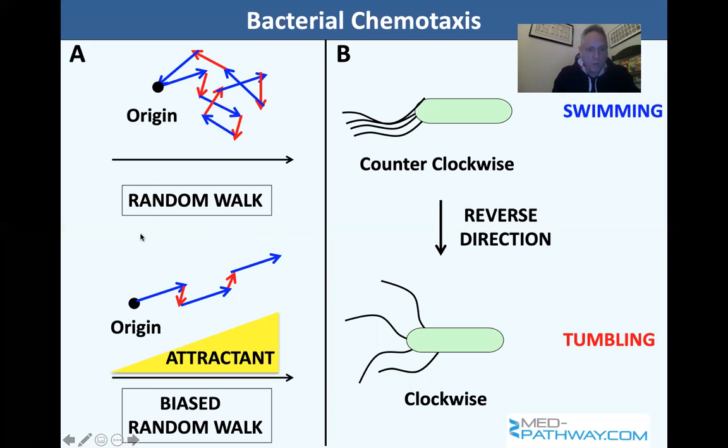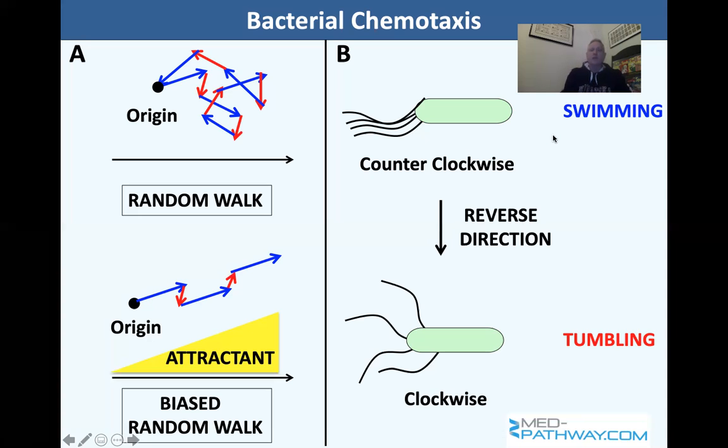This is called a random walk. But in the presence of an attractant like sugar, for example, this random walk becomes biased. The way you perform this is by having your flagella bundle. If the flagella are all moving counterclockwise, they tend to bundle, and the bacteria can swim and make net progress.